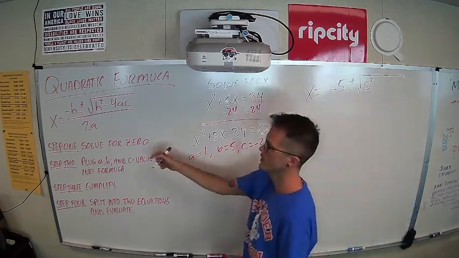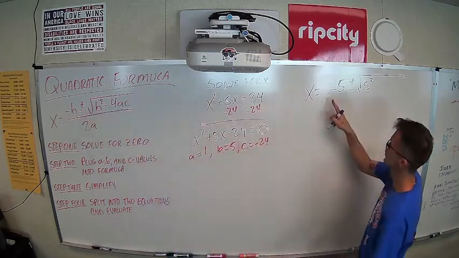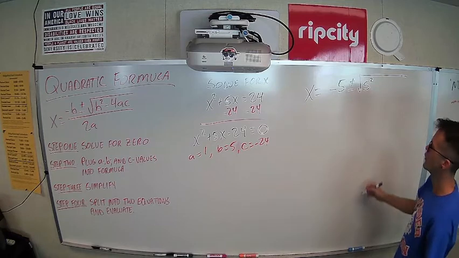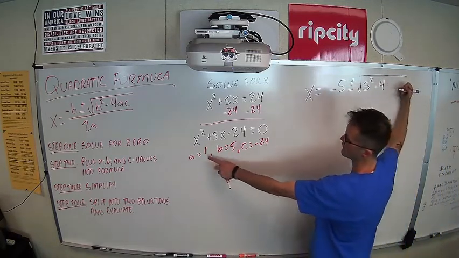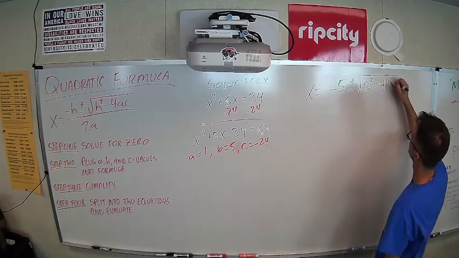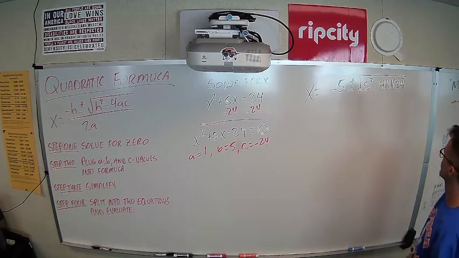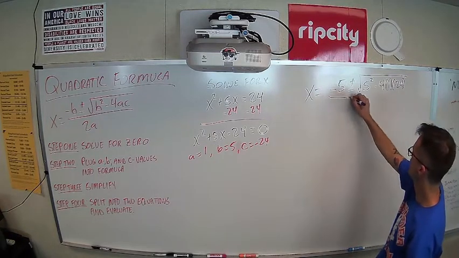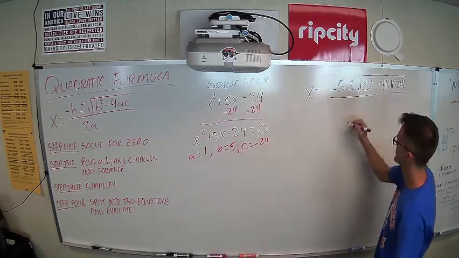So far, all I've done is replace this b with 5 and this b with 5, but I kept my negative and I kept that square sign. That stuff is still present. Minus 4ac. So that's 4 times our a value, which in this problem happens to be 1. And then c is negative 24. Now the whole thing is being divided by 2 times a. In our case, that's 2 times 1.